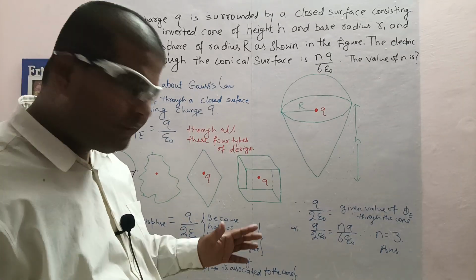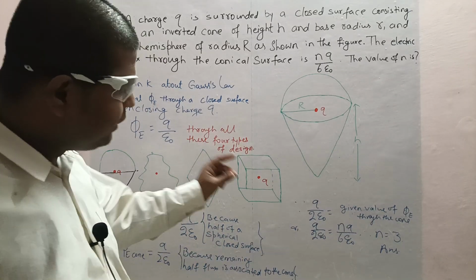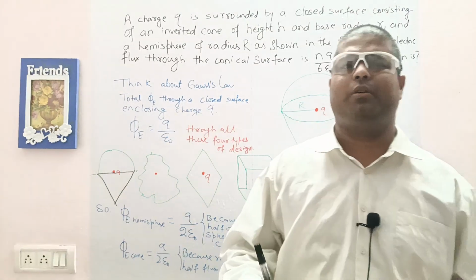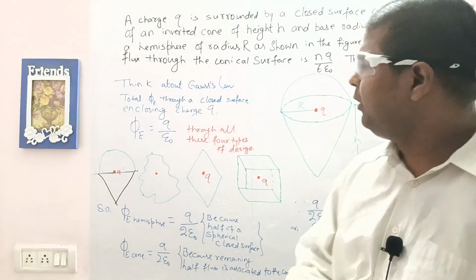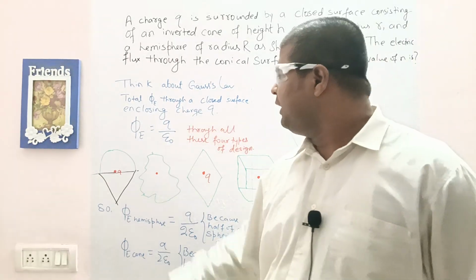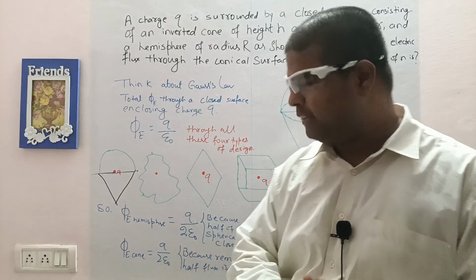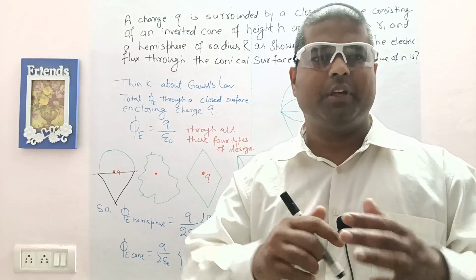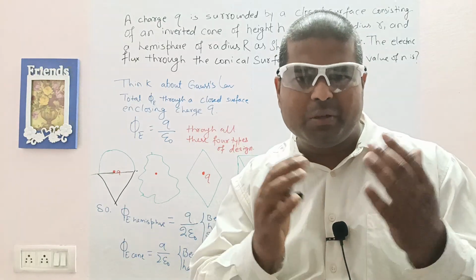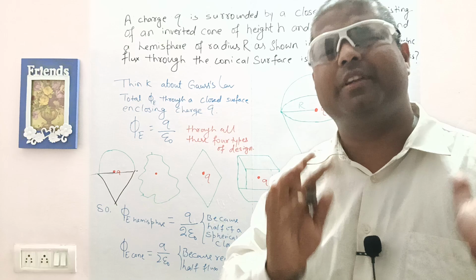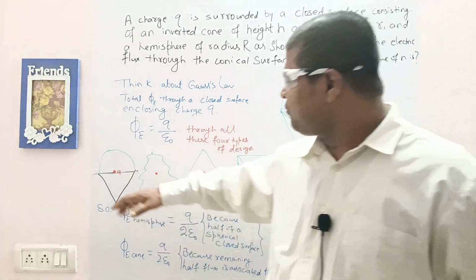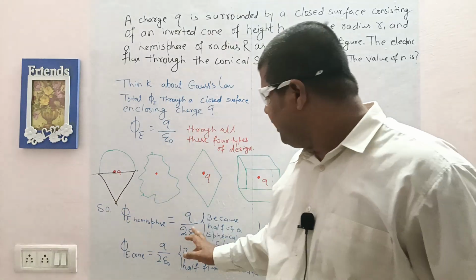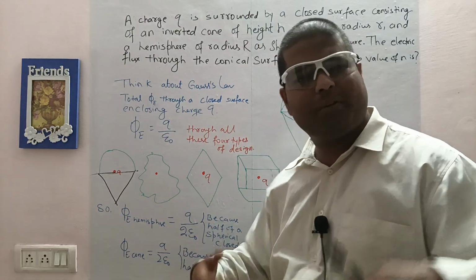Let's see what is the key point in the question. Whenever you try to solve Gauss law problems, you have to remember one thing. This is the net flux through the entire closed Gaussian surface that is enclosing the charge, whatever be its shape and size. Now half goes to the hemisphere, other half goes to the cone.